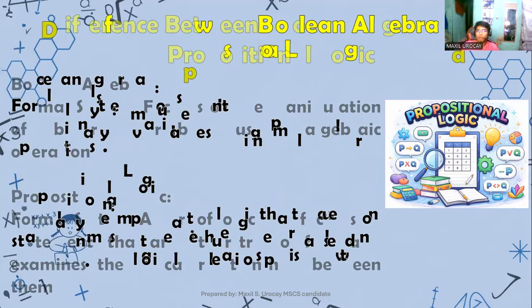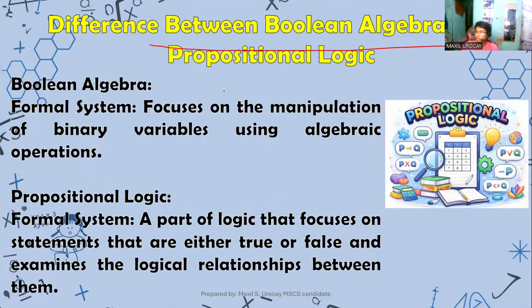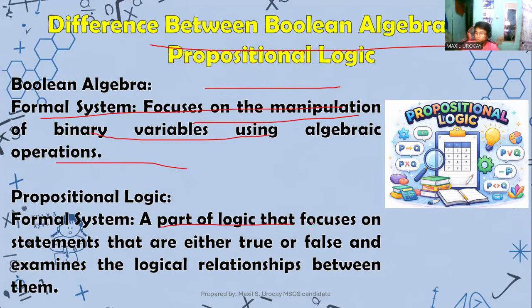Now, for the difference between Boolean algebra and propositional logic. Boolean algebra, class, is a formal system focused on the manipulation of binary variables using algebraic operations. But propositional logic is a part of logic that focuses on statements that are either true or false and examines the logical relationships between them. Take note of those.